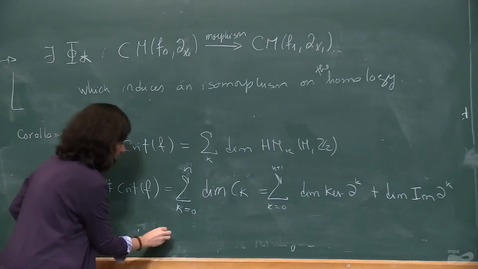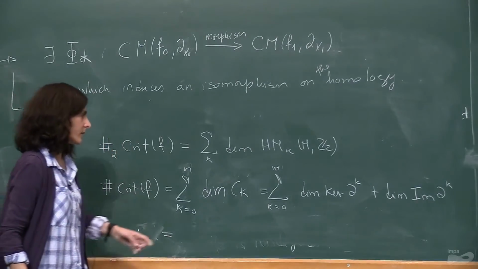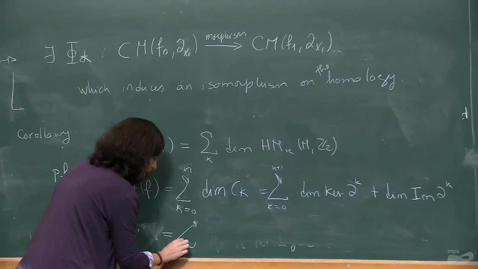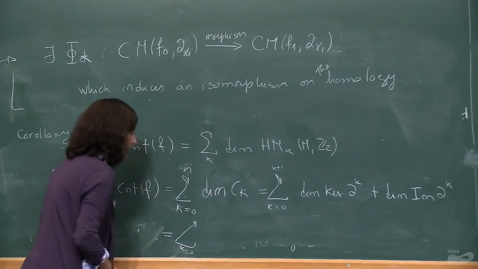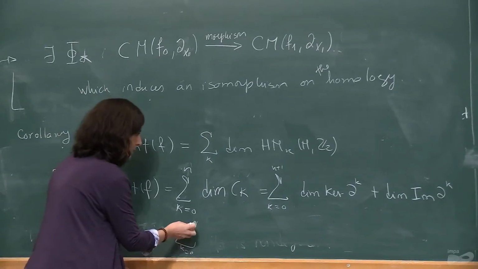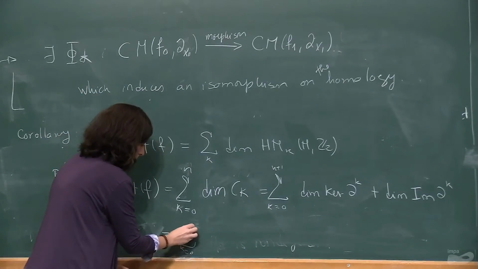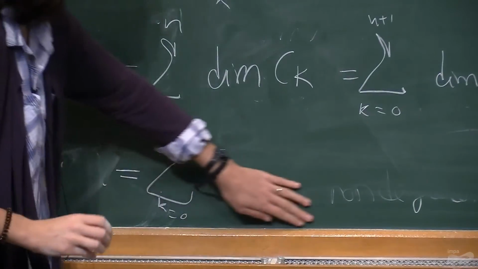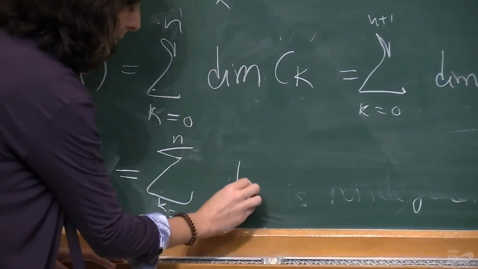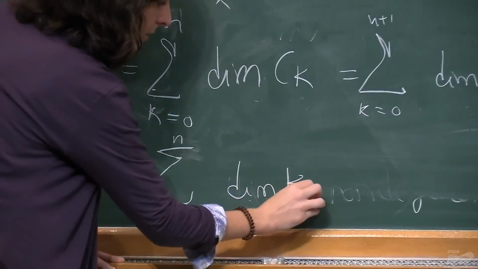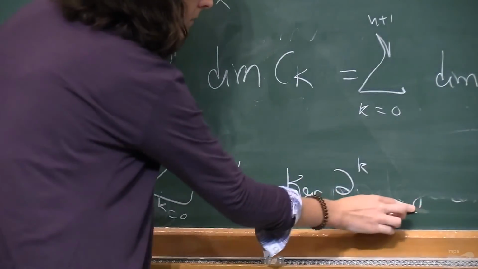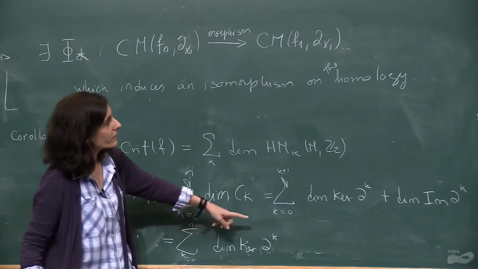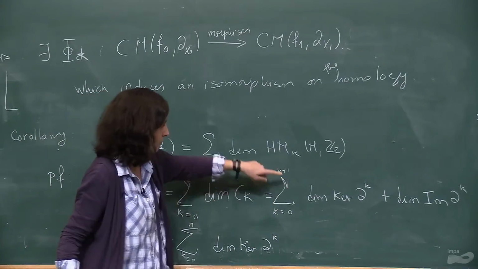Okay? And then, just by rearranging the indices, this is the same as the sum with k running from 0 to n, I'll check in a moment, of the dimension of the kernel of delta k. Now I'm not considering delta n plus 1.